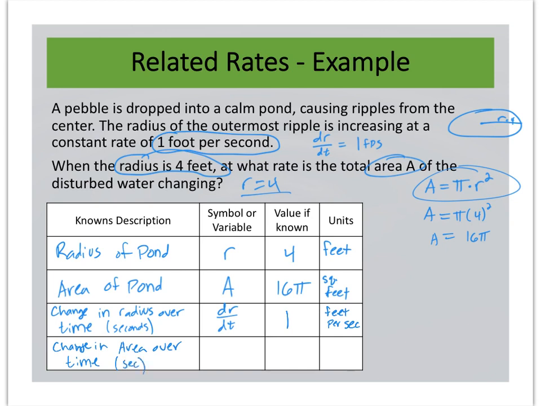So how fast is it changing exactly when the radius is 4 feet? And this is our thing of interest, the change in area over the change in time. This is the one thing that we don't know, and the area is going to be changing at a rate of square feet per second. Okay?